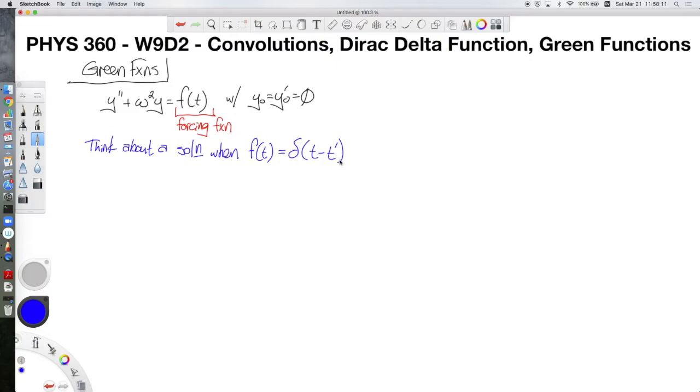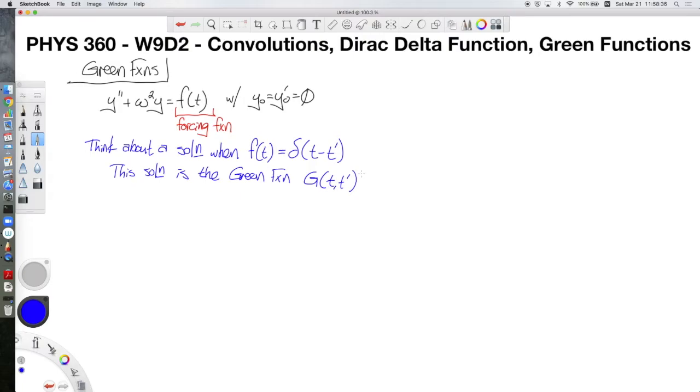So, let me write that out. The solution to this is the Green's function that we will call big G of t and t prime. So it is a function of t, but it also matters when this unit impulse is delivered.